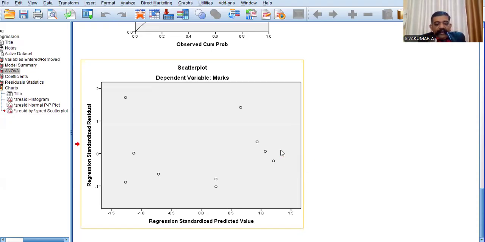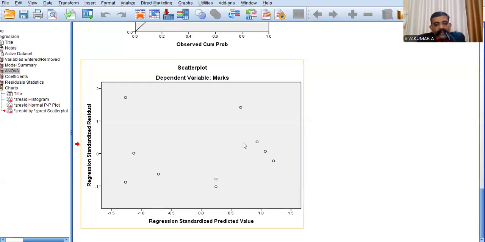That means your data shows homoscedasticity. Condition satisfied. If the data shows any shape like wave, cone, funnel, that means condition number 6 is not satisfied. But here, the points are randomly scattered, so condition number 6 is satisfied.